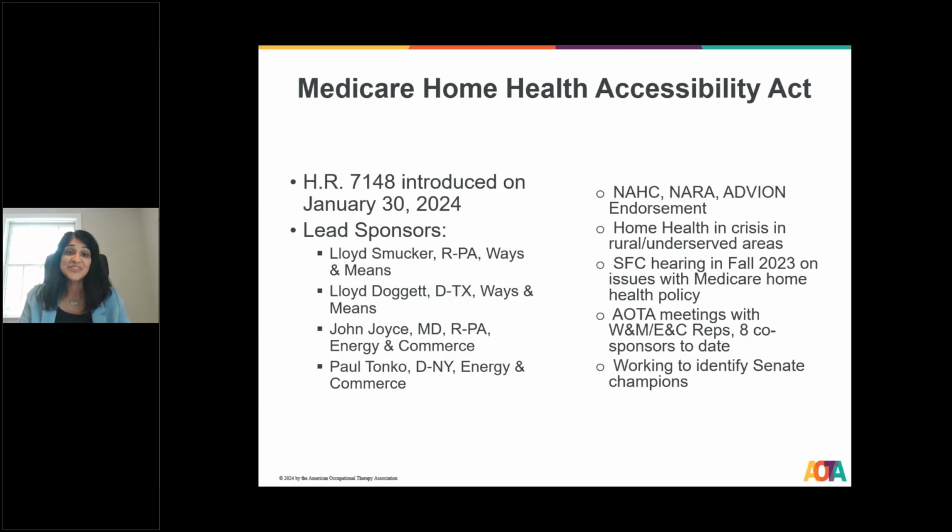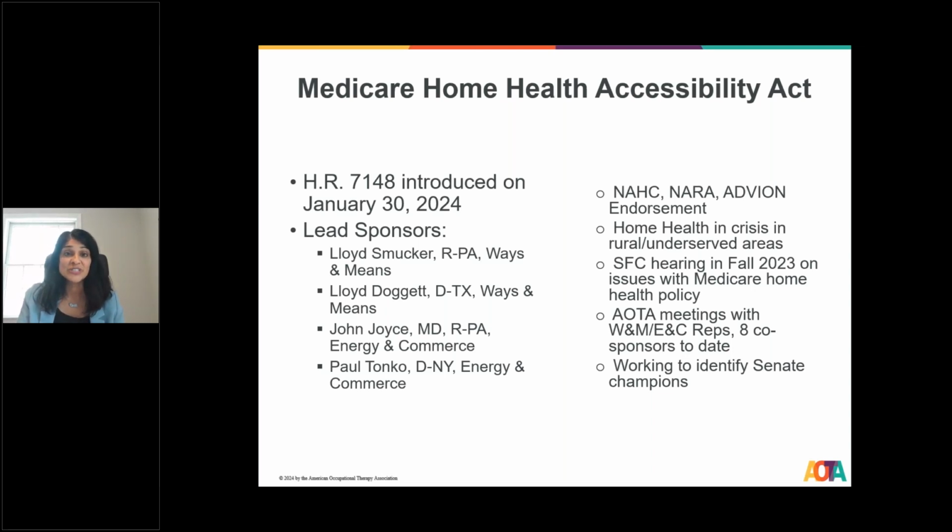And this just provides you with information about what our federal affairs team has done. There's a piece of legislation under 7148 that was introduced January 30th of 2024, with lead co-sponsors Smucker, Doggett, Joyce, and Tonko.